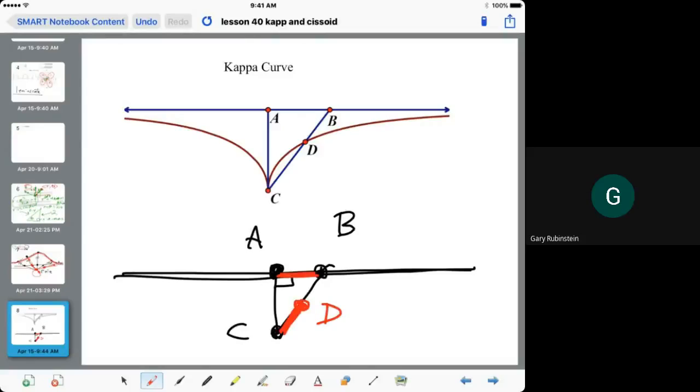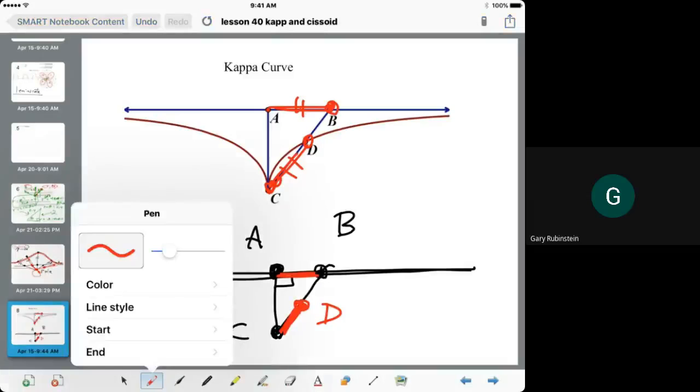And D is the point on the Kappa curve. So just to show you another example, up here you can see that I have the B point here, and AB is this length. And if I go from C towards point B, but I go just as long, so that CD is the same length as AB. So here's another example.